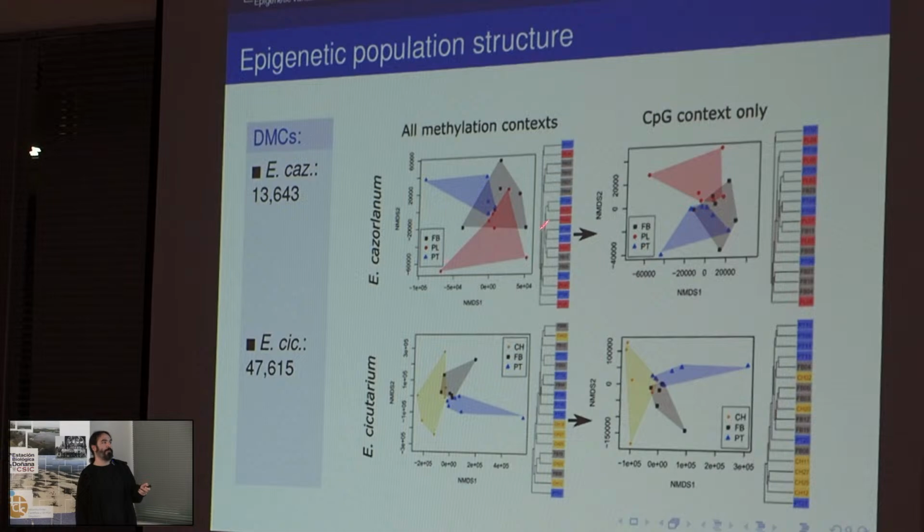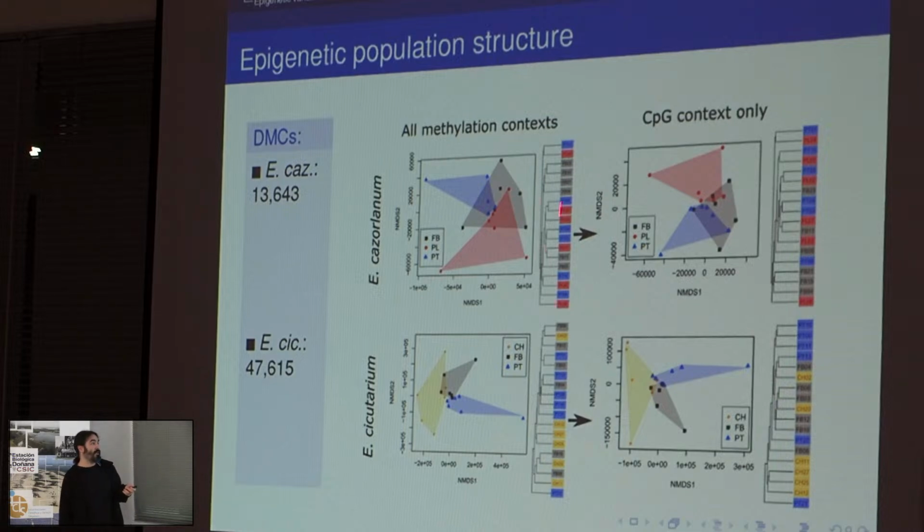There are some individuals that were skipping that tendency, but there's not a clear epigenetic population structure. In Erodium cicutarium, it seems that there's a little bit more separation, but there's still this main cluster of individuals that are sticking together.